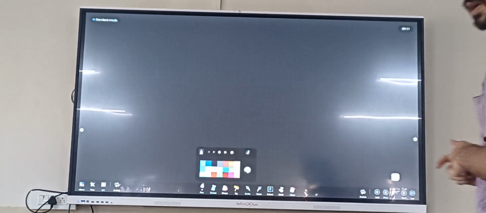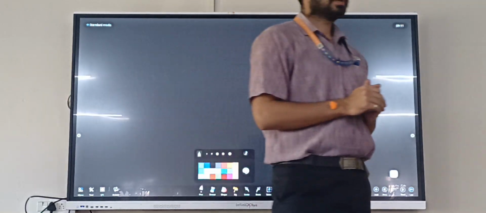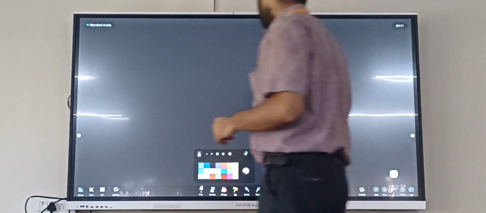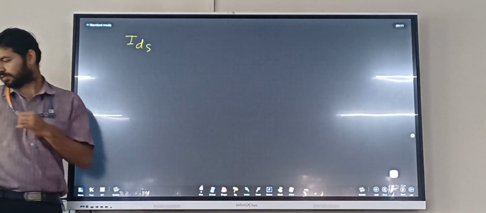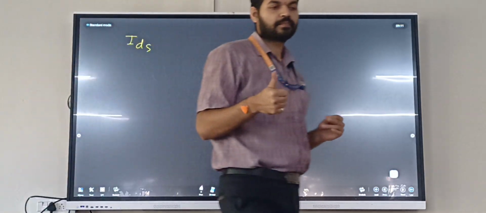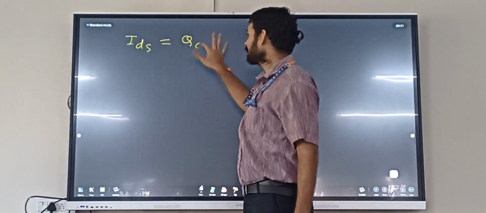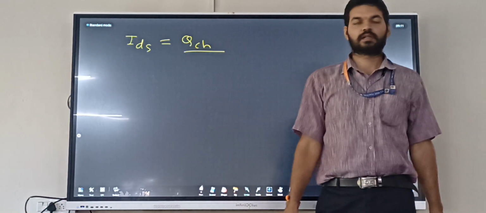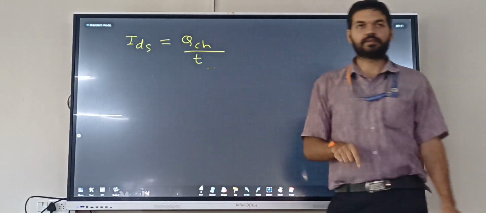Okay, so in the previous class, we have seen the derivation of the MOSFET design equation, or IDS. In that derivation, as per the definition of current, we require the number of charge carriers present in the channel divided by time.